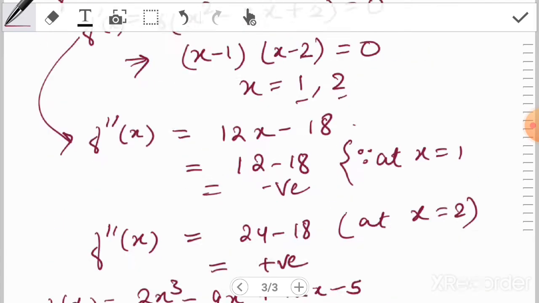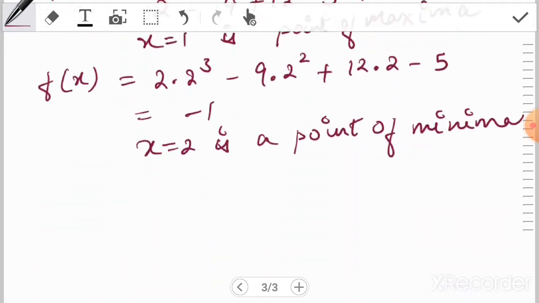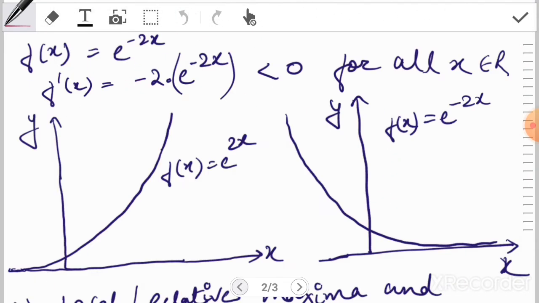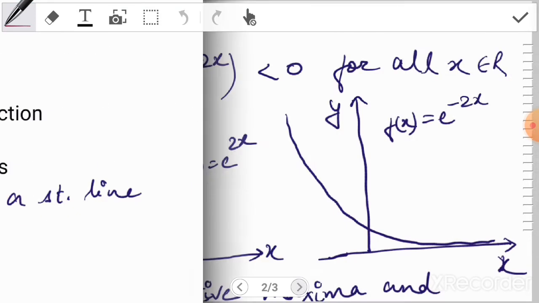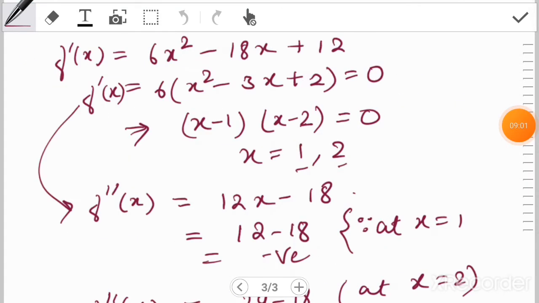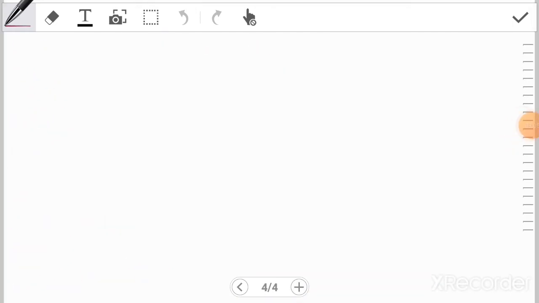So now next, this was the working rule for the function of a single independent variable.